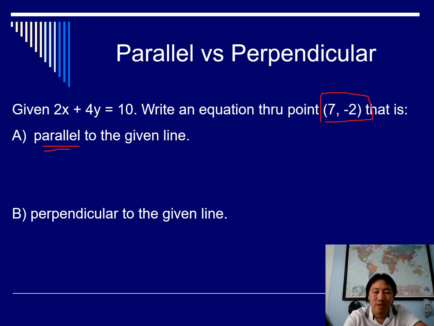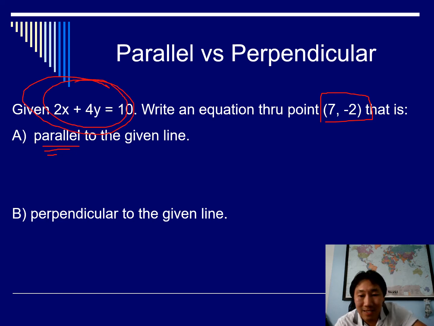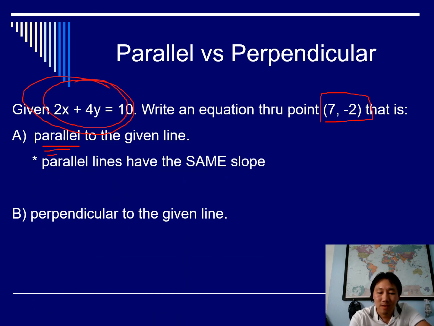All right, so the first thing we need when we're talking about parallel and perpendicular lines is the slope. We have to extract the slope from this equation. The nice easy way to do it is to put it in slope-intercept form, like you were taught. Oh, it says the parallel lines have the same slope.